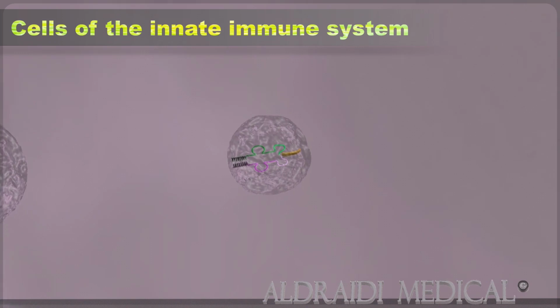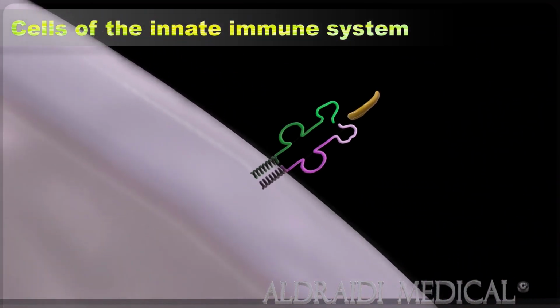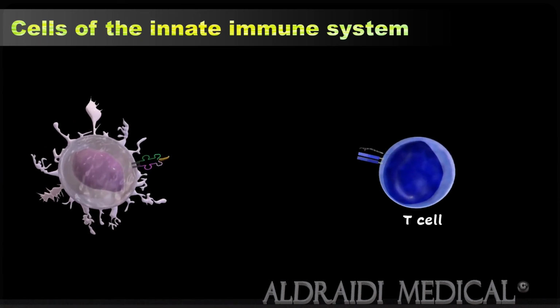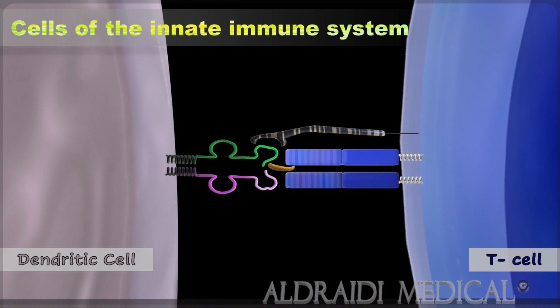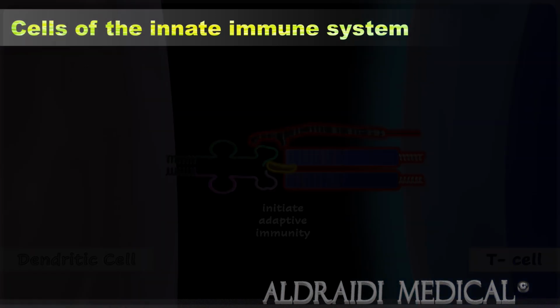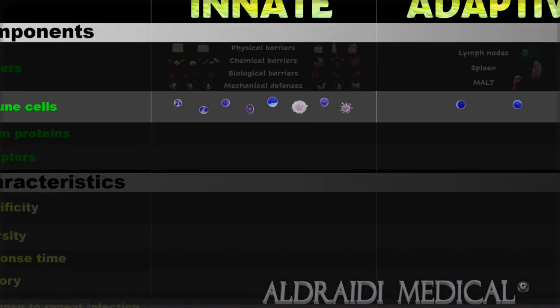Those peptide antigens are then carried to the surface of the cell and can be presented to T cells. And it is due to this process of antigen presentation that our lymphocytes will get activated and will be able to initiate an adaptive immune response. So these are the cells of the innate immune response.